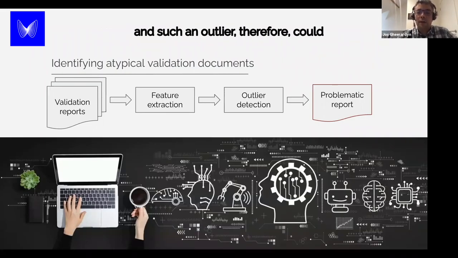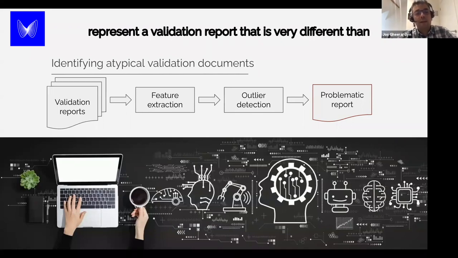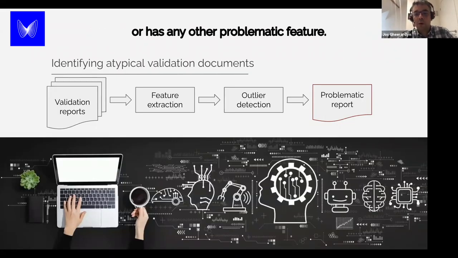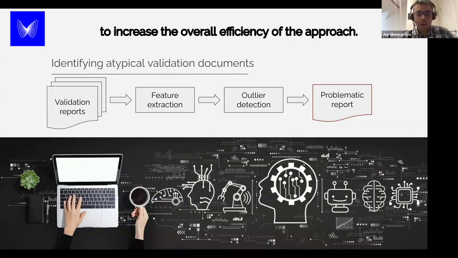And such an outlier, therefore, could represent a validation report that is very different than all the others, that maybe has some missing sections or is much longer than any other validation report or has any other problematic feature. So this is one example of how you can use machine learning also in the third line of defense to increase the overall efficiency of the approach.